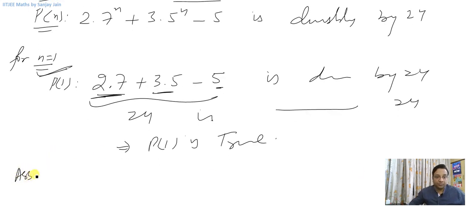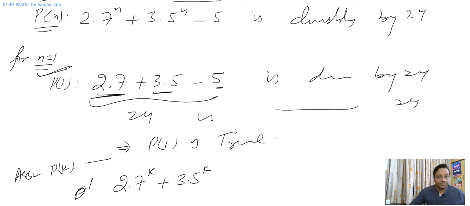So assume p of k to be true. That means 2 into 7 raised to power k plus 3 into 5 raised to power k minus 5 is divisible by 24, or in other words, is a multiple of 24.